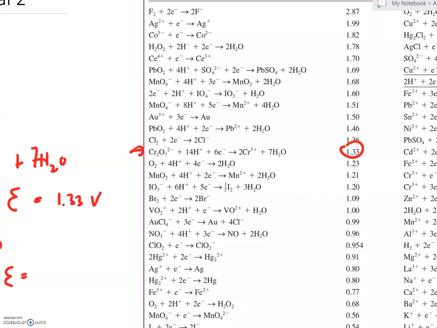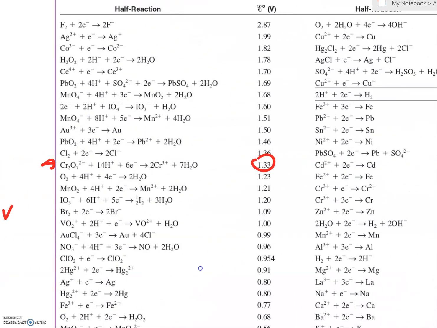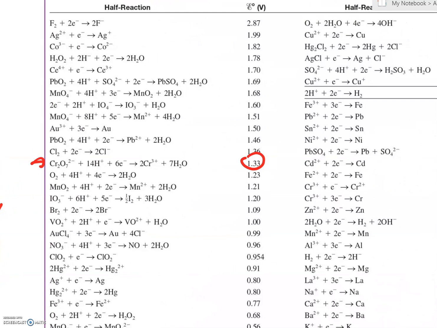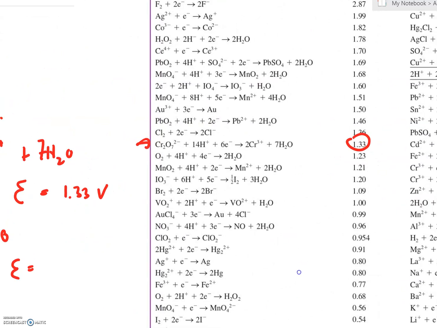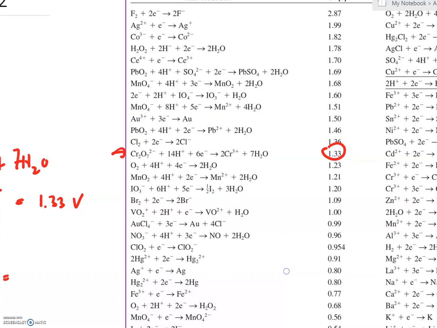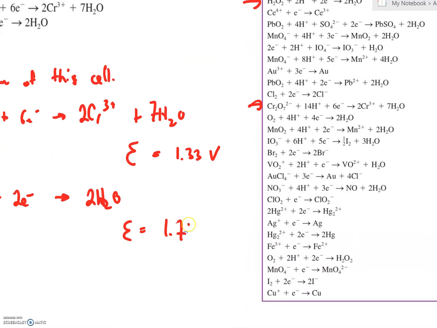Well, this is the hard part sometimes, tracking these down, but it usually pops out pretty easy. H2O2, where is H2O2? Bingo, right here at the top. That has a cell potential of 1.78.